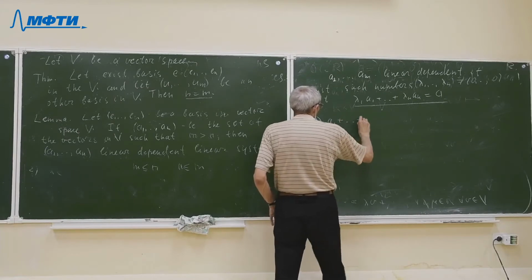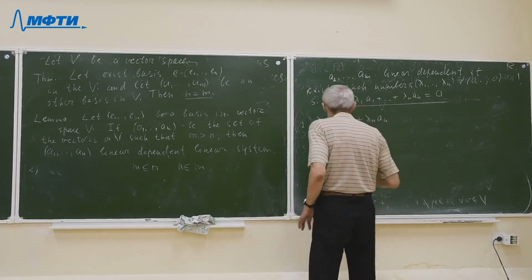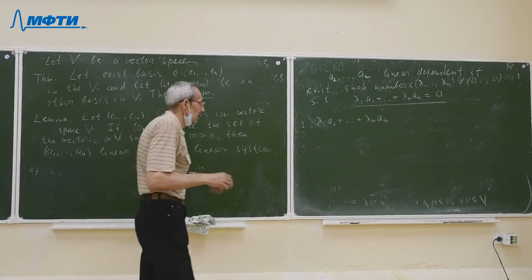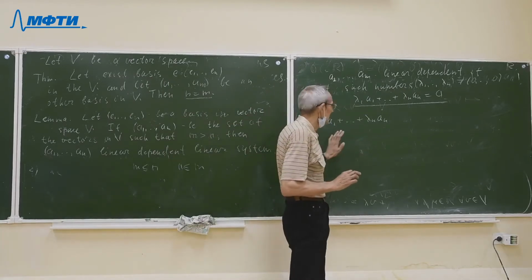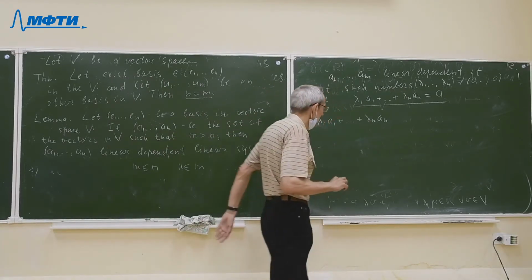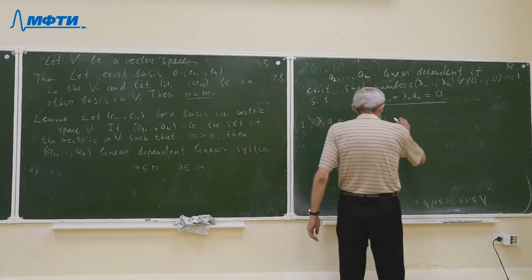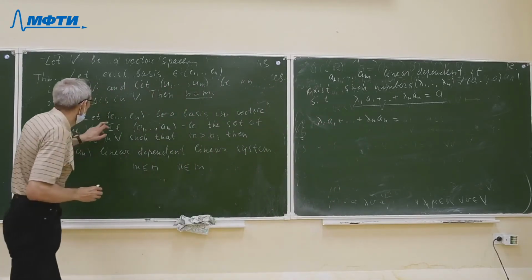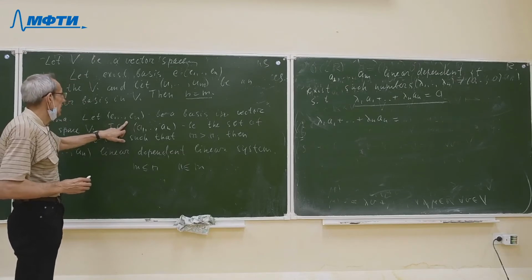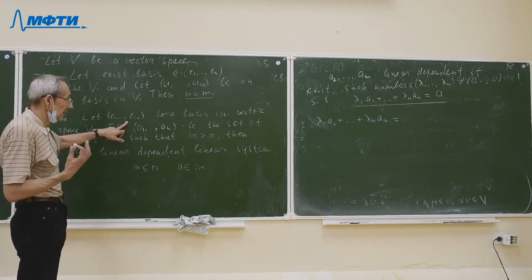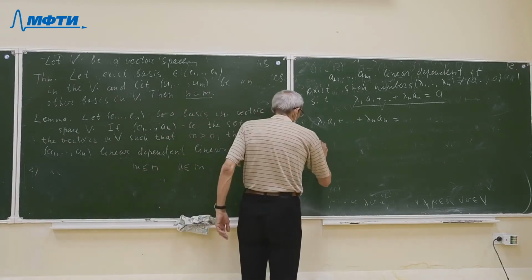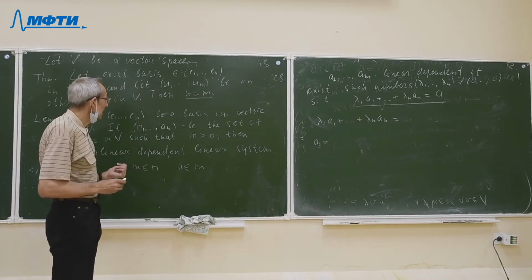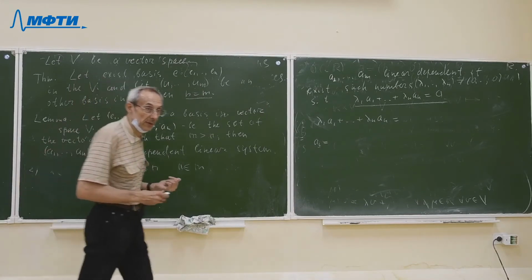Let's consider the linear combination of these vectors, with arbitrary coefficients lambda. And e1, ..., en is a basis in our vector space. This means that any vector can be presented as a linear combination of the basis vectors.